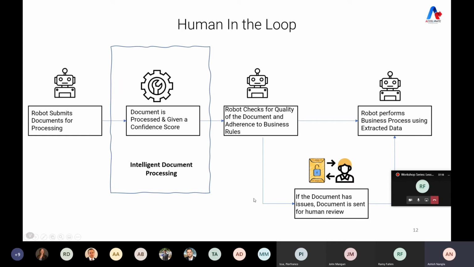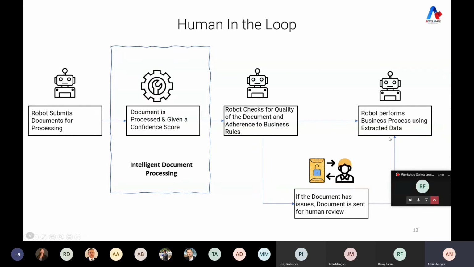If there is any human involvement needed because the documents were not really good and the data is not there, and you want a human to look in, you would assign it to a person for an actual human review. If not, if everything is available, if the data is correct, and if the system is confident about the data, then it would process the whole thing completely end to end.